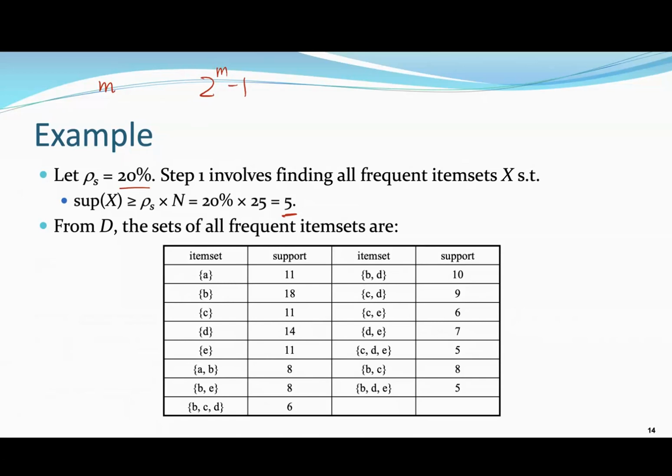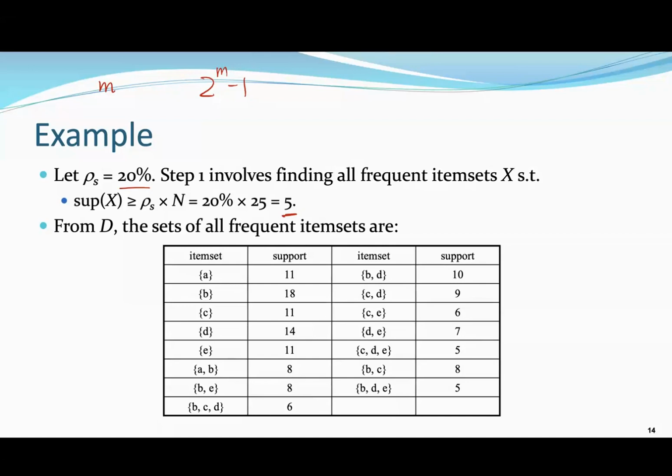So 2 to the power M minus 1, which is all the possible combinations of the items, is extremely large. It's something that cannot be handled. And checking each such item set, whether it is frequent or not, is impractical. It's absolutely infeasible. So we have to resort to what we call the a priori algorithm, which has some way to prune the very large search space in figuring out the frequent item sets, right? This is something that we discussed last time.